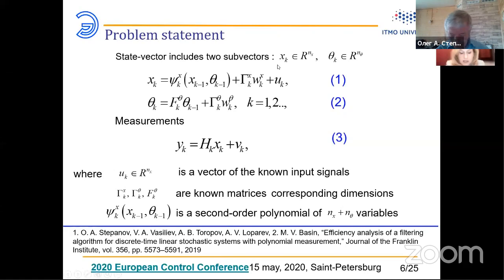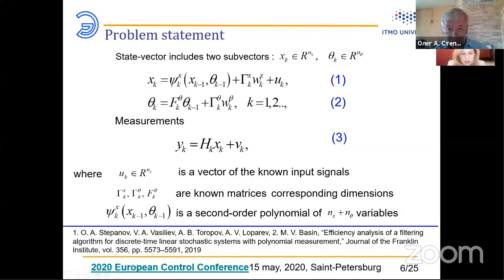As we can see here, the state vector includes two vectors, x and theta. The equation 1 for vector x is nonlinear, and this equation is dependent on unknown parameter theta, which is described by the following linear equation. The model for measurement is linear.